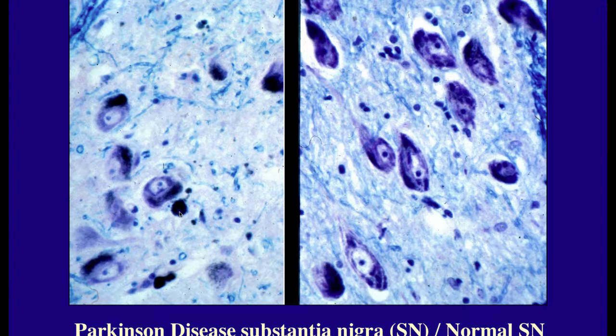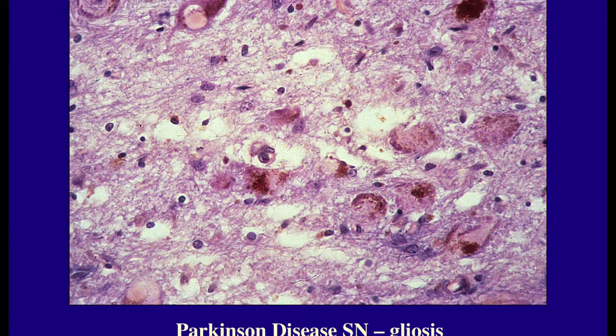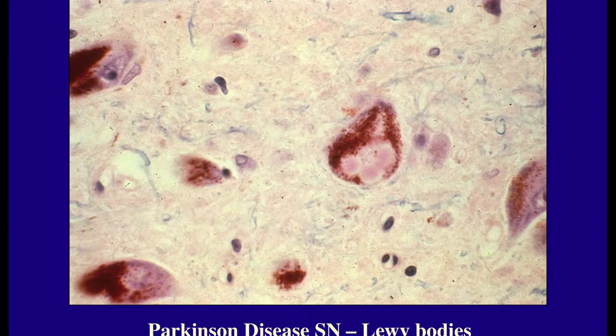And then in some of the remaining neurons, one will find the characteristic protein aggregate, which is the Lewy body. So on this dye stain, this is a PTAH stain, you can see Lewy bodies really nicely. They appear as these round cytoplasmic targetoid protein aggregates. And this next slide shows a neuron with 3 Lewy bodies within the cytoplasm.